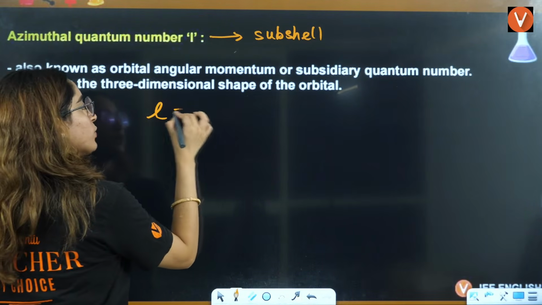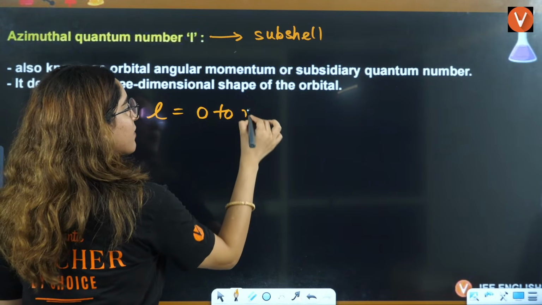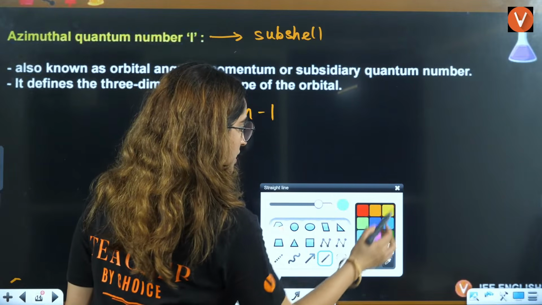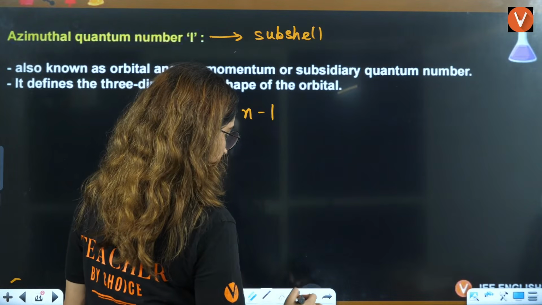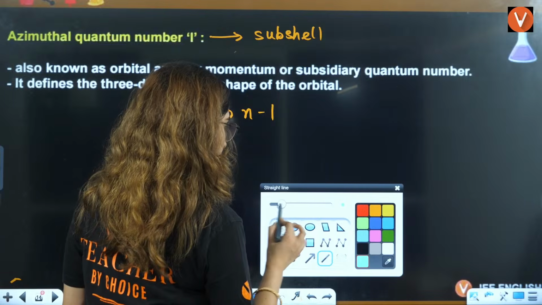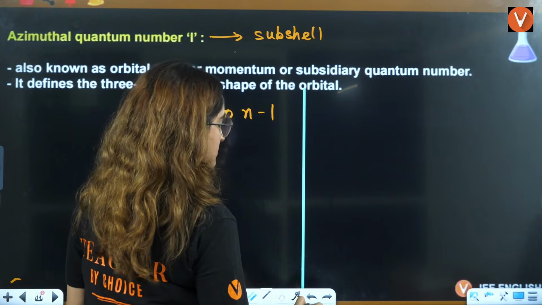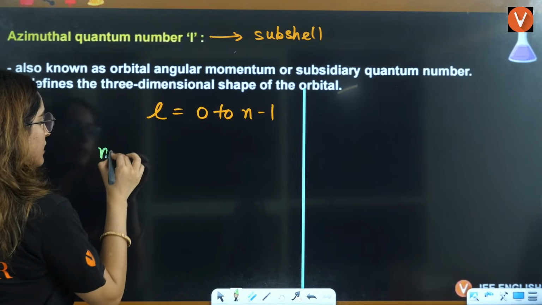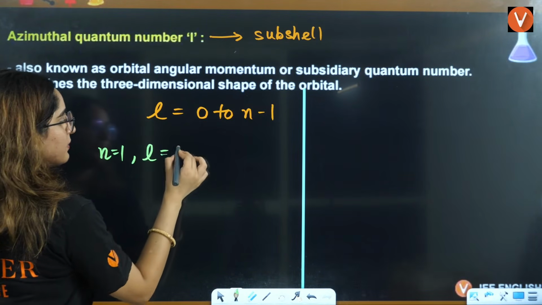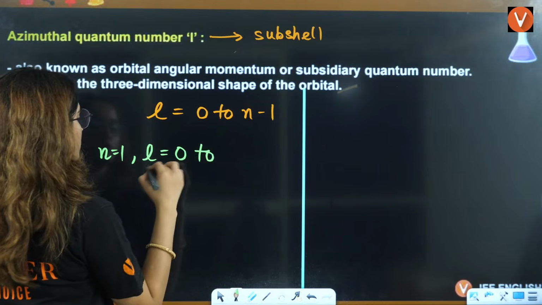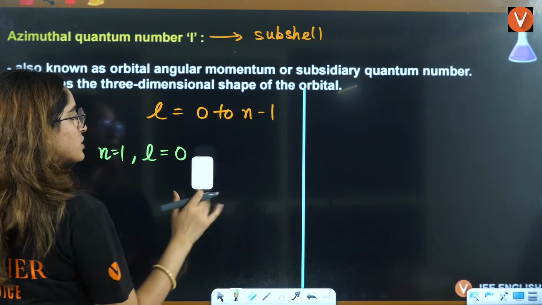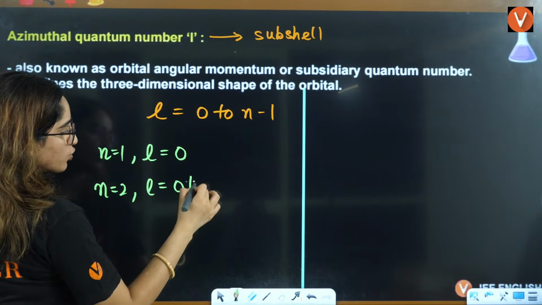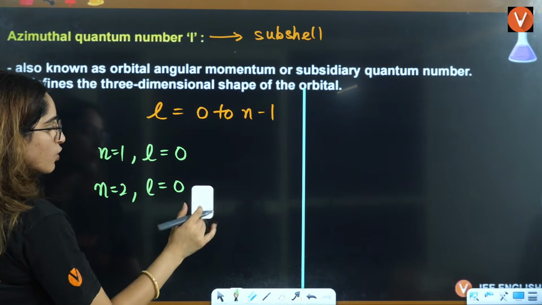In one shell, you will have 0 to n minus 1 subshells. If n equals 1, then L will be 0 to 1 minus 1, that is 0. If n equals 2, L will be 0 to 1, that means 0 and 1.